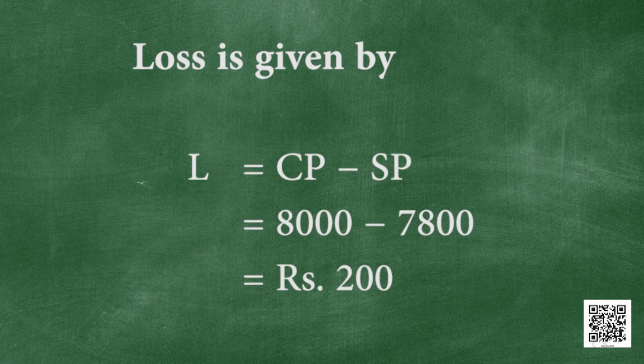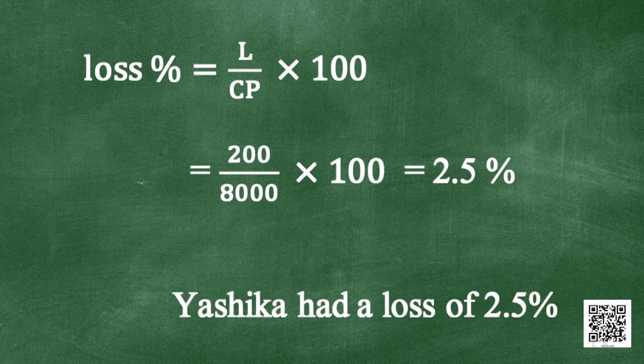Loss is given by L is equal to CP minus SP, which is equal to 8,000 minus 7,800, that is equal to rupees 200. And loss percentage is given by loss percent is equal to L divided by CP multiplied with 100, that is equal to 200 divided by 8,000 multiplied with 100.